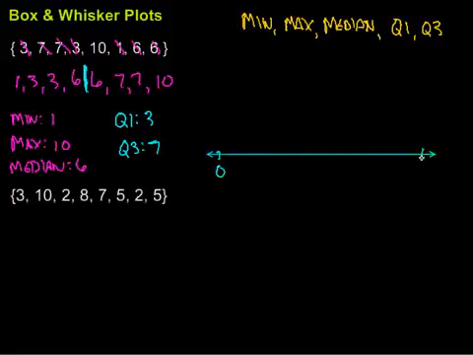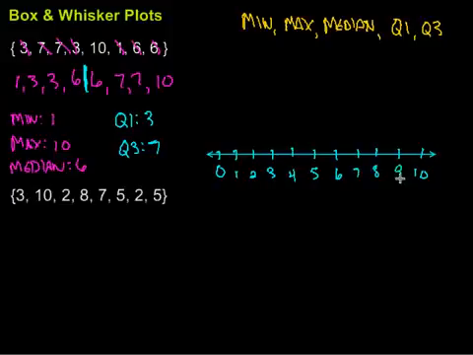This is 0, this will be 10, then 5 would be here, and then we break these up, so 1, 2, 3, 4, same kind of thing over here, 6, 7, 8, 9, and 10.